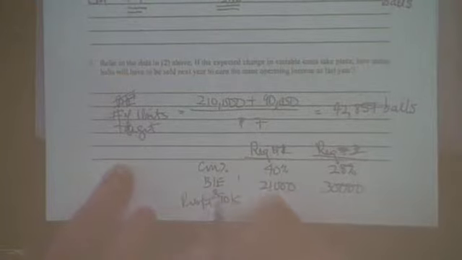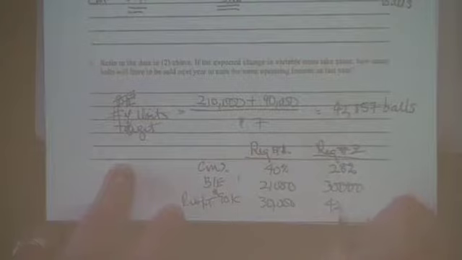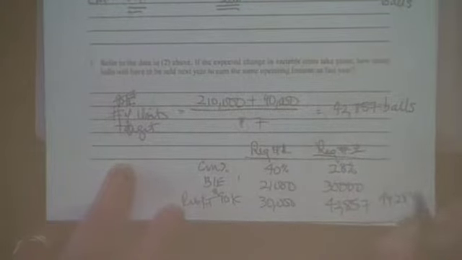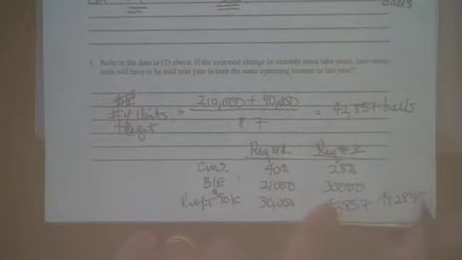The break even is 21,000 balls as opposed to 30,000 balls. And if we want profit to equal 90,000, then we need to sell, so obviously we sold 30,000 because that was the actual results, and now we're going to need to sell 42,857, an increase of 12,857 balls.